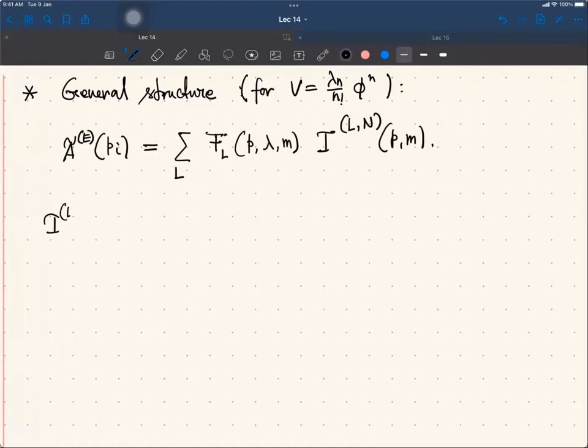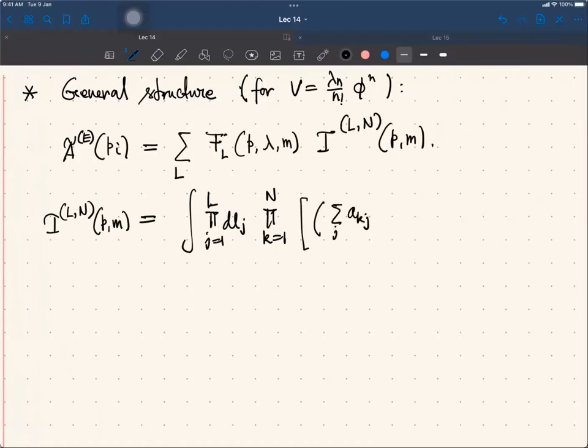So I of L comma N, P, M will be given by the product over j, d l_j, j equal to 1 to L, and then product over k equals 1 to N, and so on. This is the form of I.